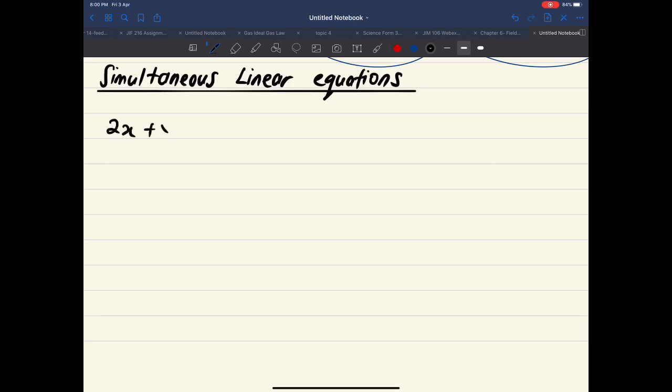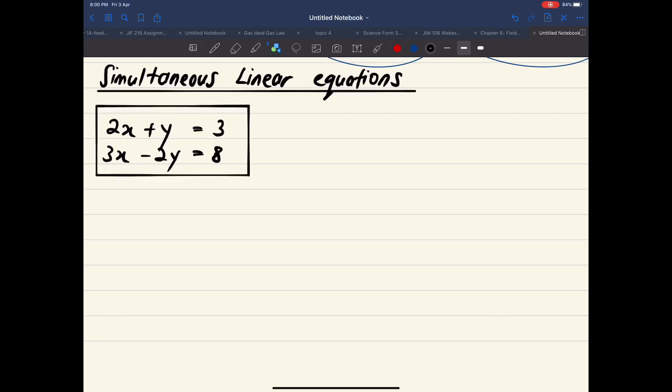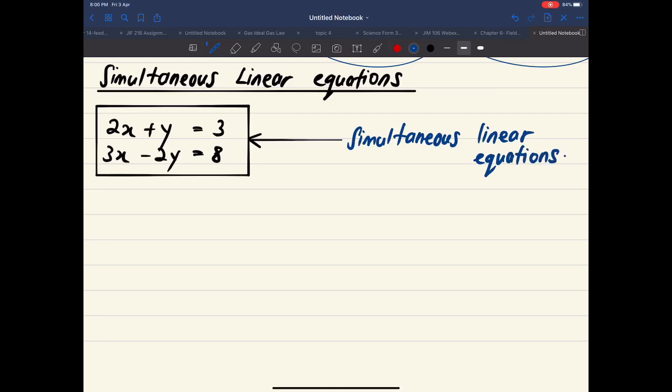Here it goes: 2x plus y equals 3 and 3x minus 2y equals 8. This thing over here is the simultaneous linear equations.